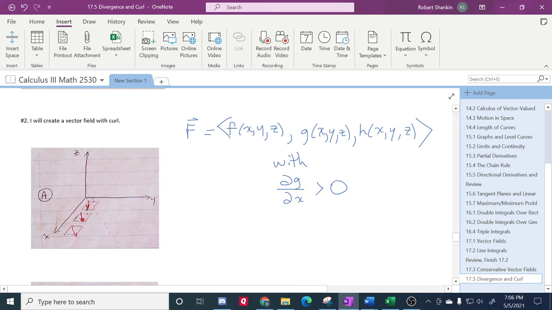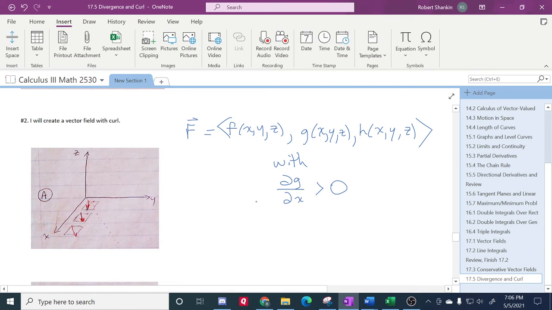And what the vector field f would do is, this is how the y components of the vectors of f change as x increases by 1. As x increases by 1, we're moving in the x direction.